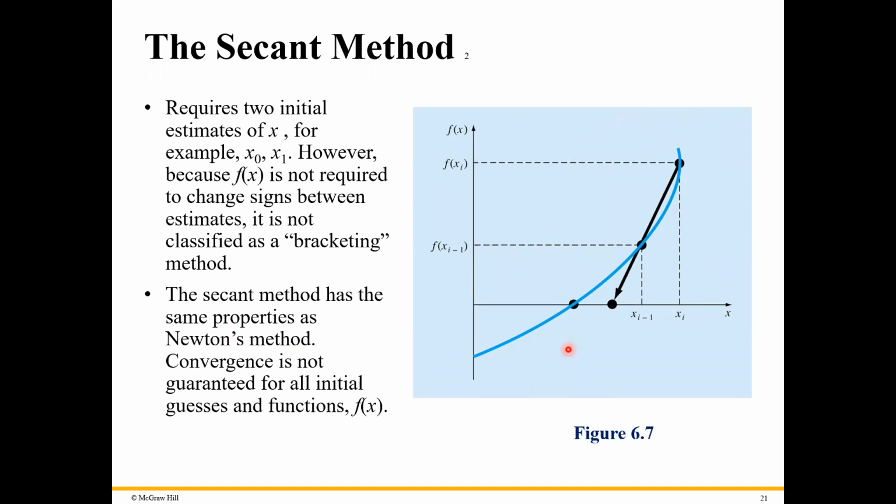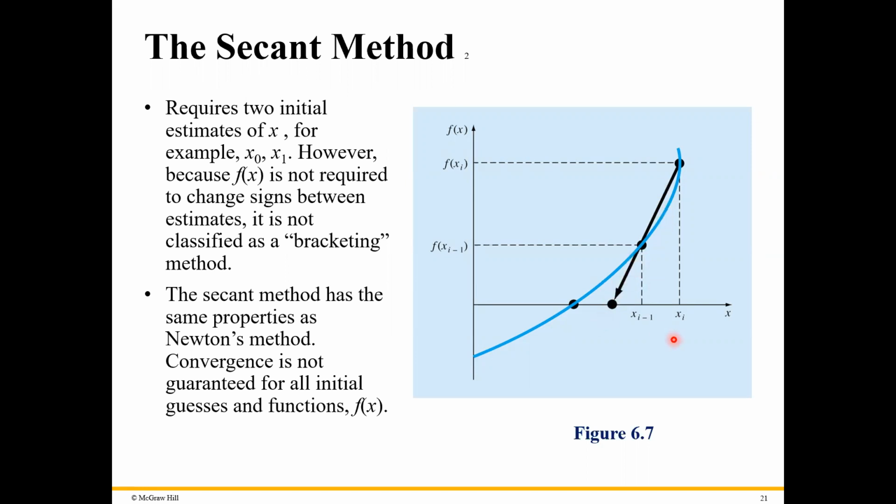So this is how this method is represented graphically. In the Newton-Raphson method, we would normally take the tangent to this curve. But in the secant method, we will take the secant. A secant is basically the line which connects 2 points on the same curve, whereas a tangent is the line which touches only 1 point on the curve.